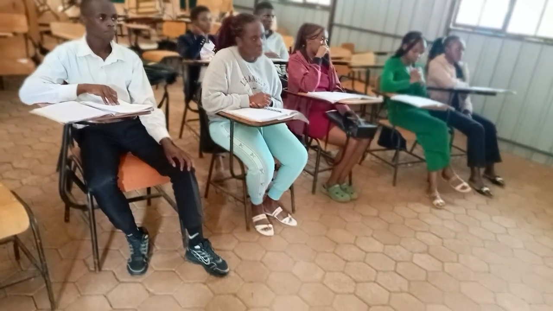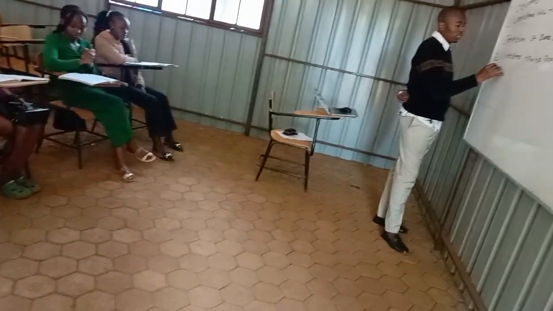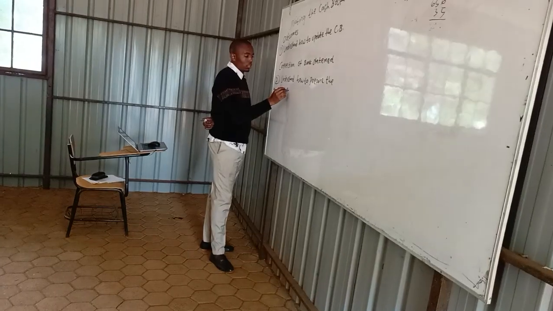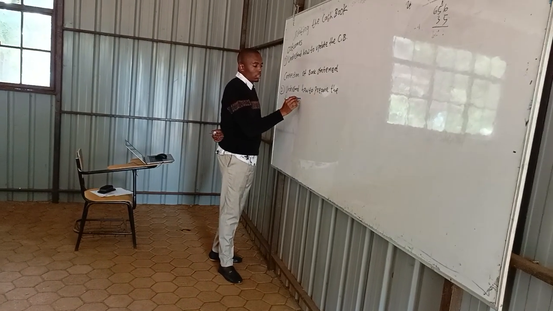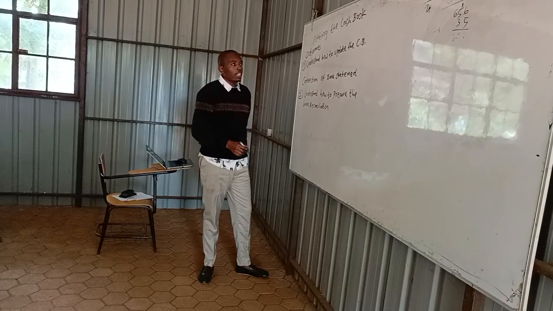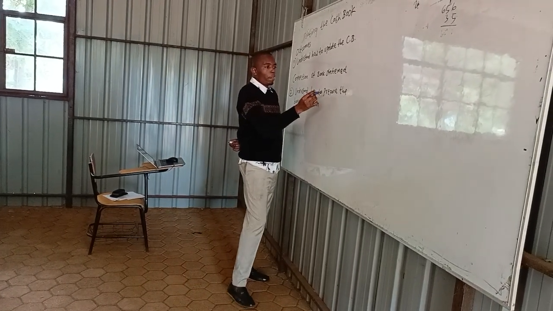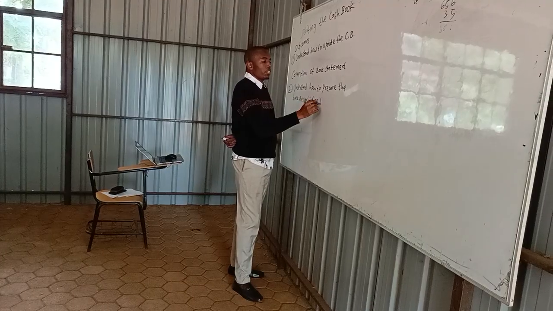So outcome number two: understand how to prepare the bank reconciliation statement. Make sure you understand the two, because these are the outcomes for the lesson.